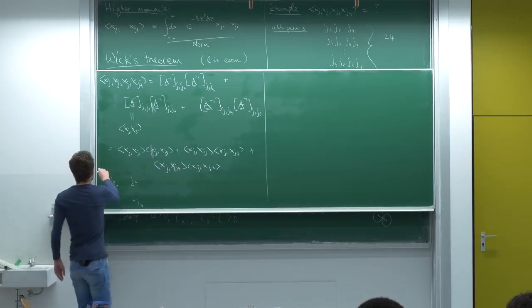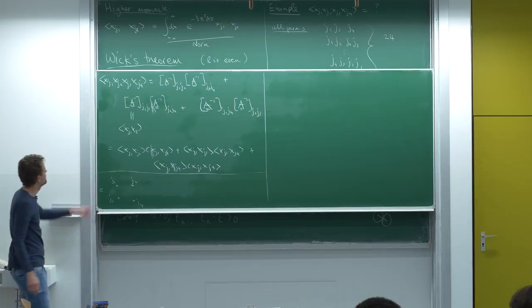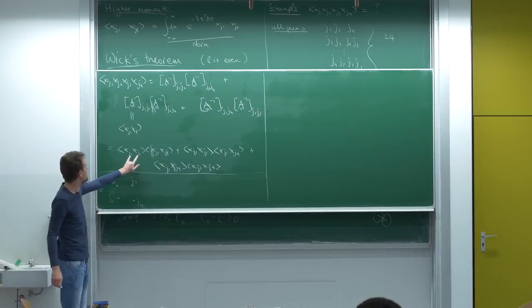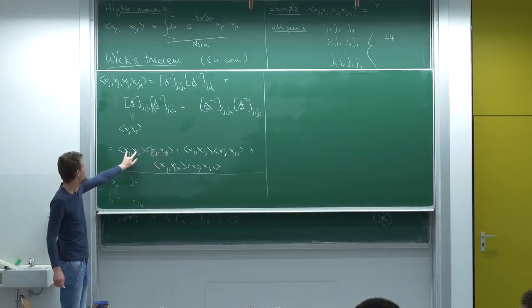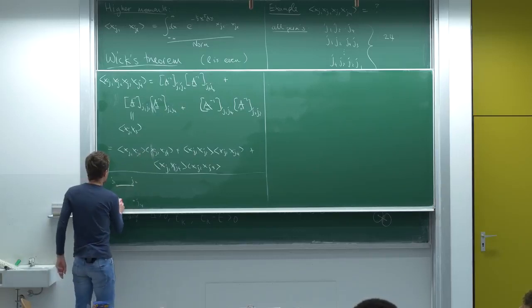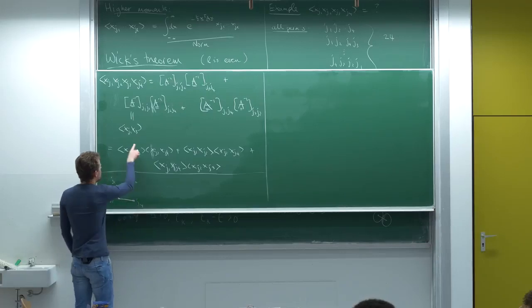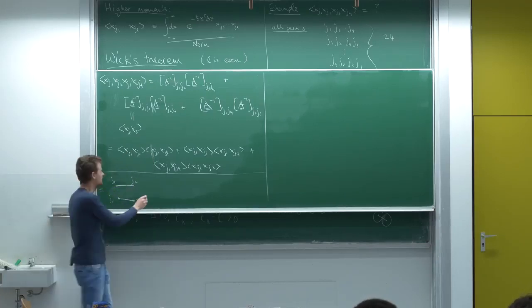So we're going to associate a diagram to each of these terms. For this term, we have 4 dots. We label them by J1, J2, J3, and J4. And every time we have a 2-point correlation function involving variables JL and JM, we draw a line between the corresponding dots. That's the picture we associate with this term. That times that is this picture here, plus.